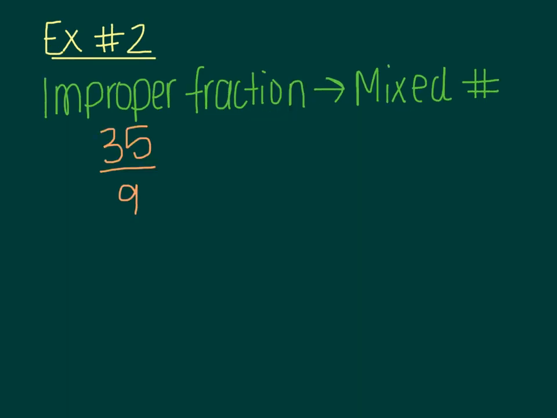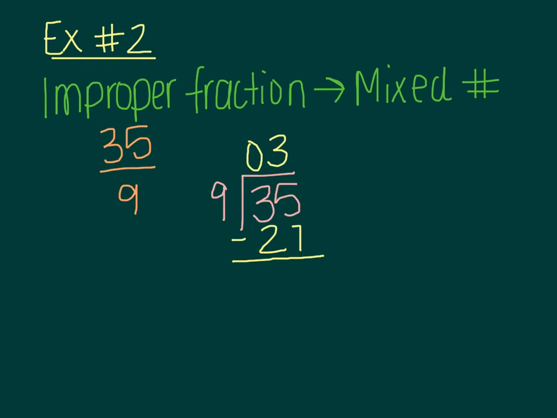Example number 2. Numerator goes inside. Denominator outside. 35 divided by 9. And then we divide. Can 9 go into 3? And we know it cannot. And then we say how many times can 9 go into 35? And it can go in 3 times, which is 27.